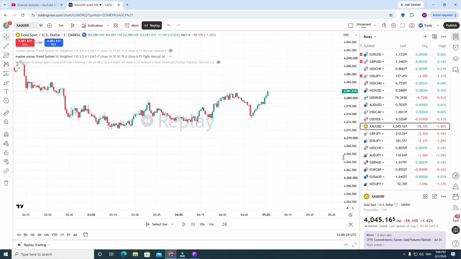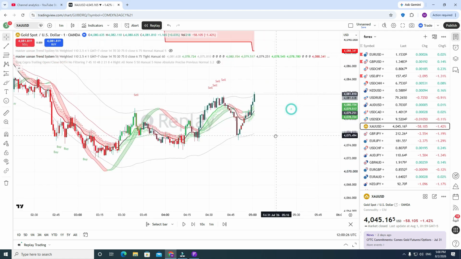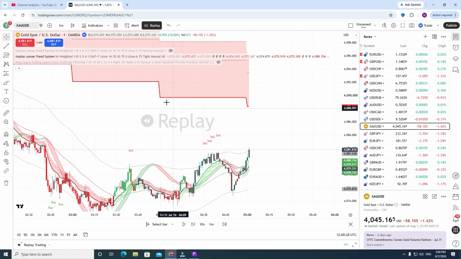The first thing to understand is the sell condition and the buy condition. When these clouds are red, you only need to follow sell signals. But if you follow only these sell signals, you will get accuracy of around 60%, 70%, 80%, I do not know, but minimum around 70%.